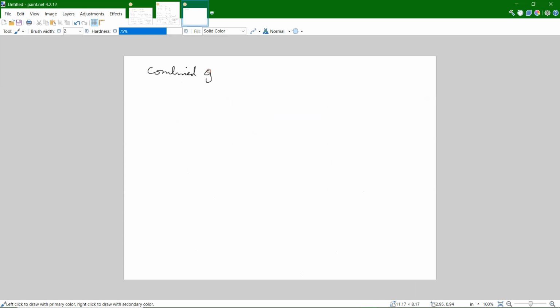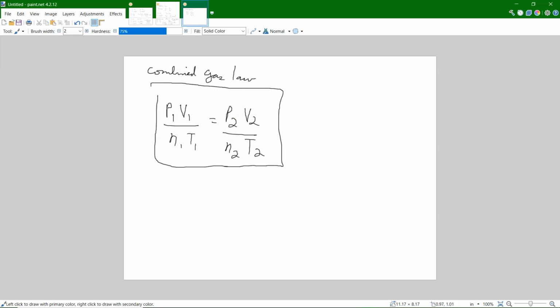I'm doing this in a bit of a different order than the book. And the combined gas law, I can put all these together. P1 V1 over N1 T1 is P2 V2 over N2 T2. So this summarizes all the laws. Now, some people call that the general gas law. Some call it the combined gas law.